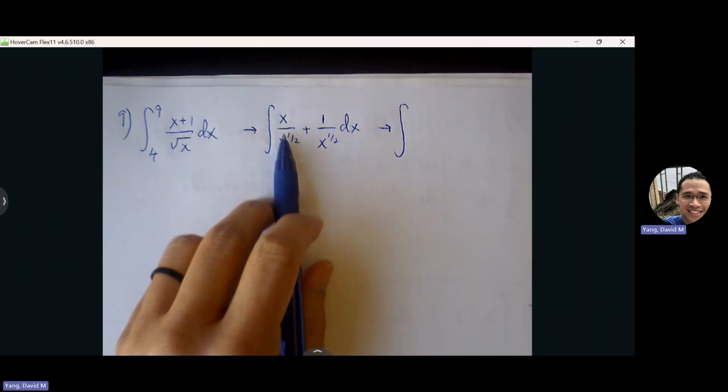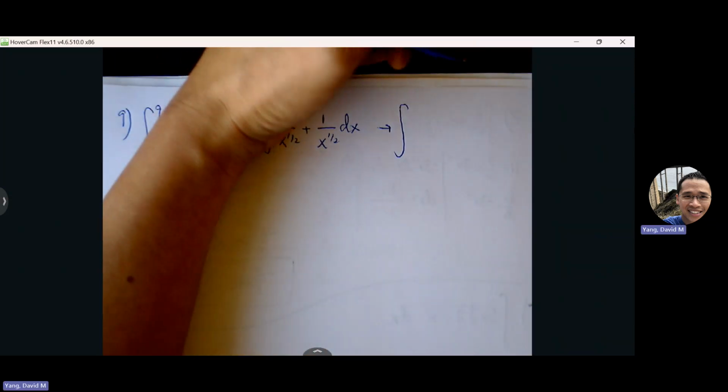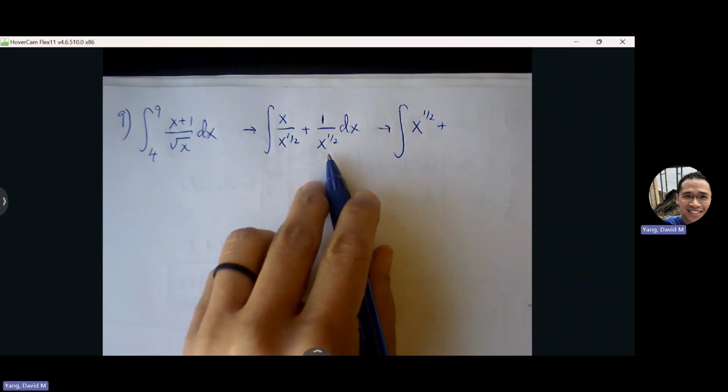Okay, subtract exponents, right? These terms are not ready for power rule. So 1 minus 1/2 is half. Bring this variable up to the top.